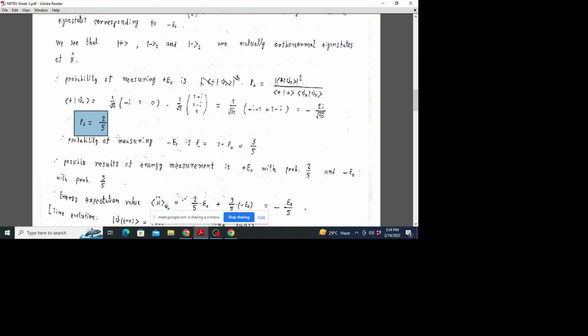So this is the probability of collapsing the psi naught state into the eigenstate of the eigenvalue plus E naught. We can have only two results, plus E naught and minus E naught. So the rest will be the probability of measuring minus E naught. The probability of measuring minus E naught is just 1 minus P plus, because the total probability needs to be 1.